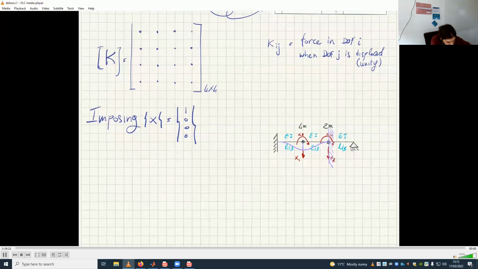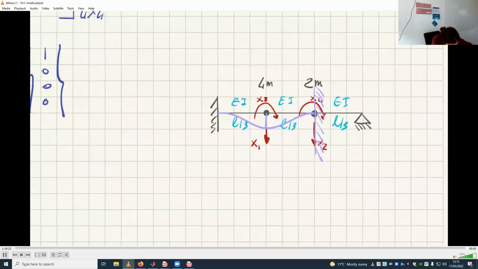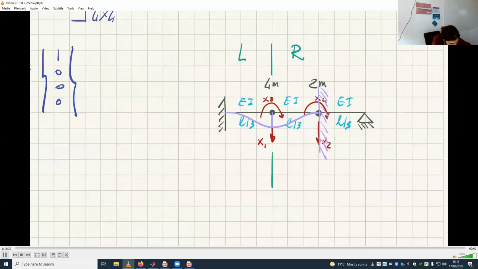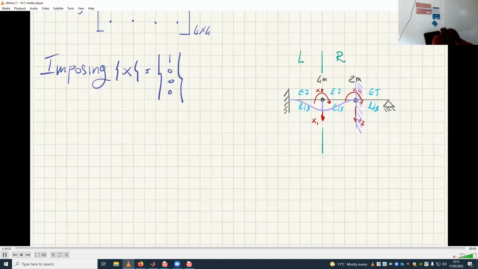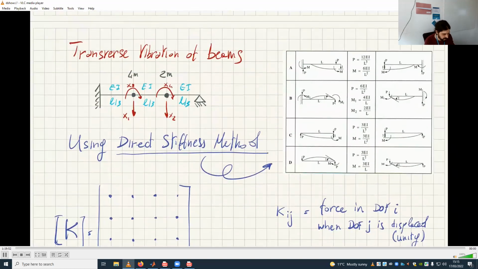We can now split this into 2 halves, where the left-hand side looks like this, and the right-hand side looks like this. You agree? Now you can just copy all the things that are here.